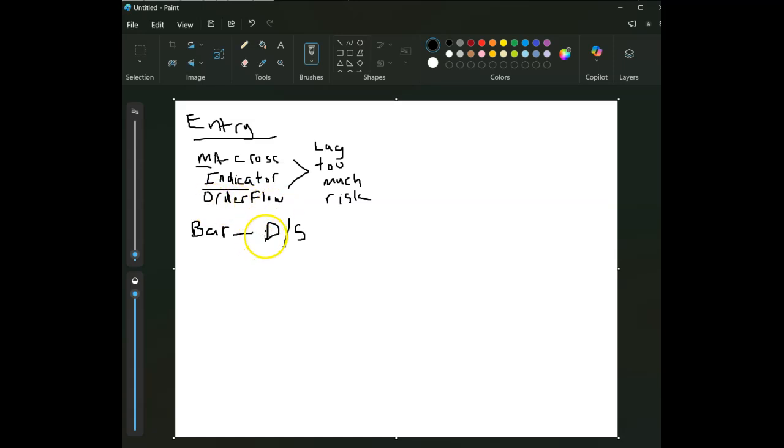By its definition, the average will always lag because it sums up a number of periods, a number of bars, so it'll always lag. So we'll discuss this. But before we do that, the second thing you have to know is that it's basically a demand or supply bar. But where do these bars occur?